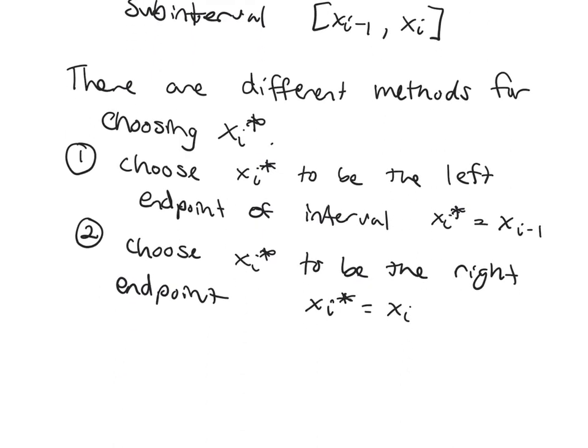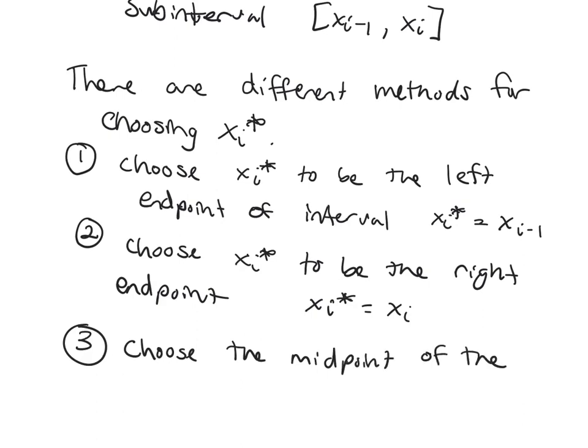The third one, so you do have left and right. The third one's going to be in between. You take the midpoint of those two, okay? Choose the midpoint of the interval.